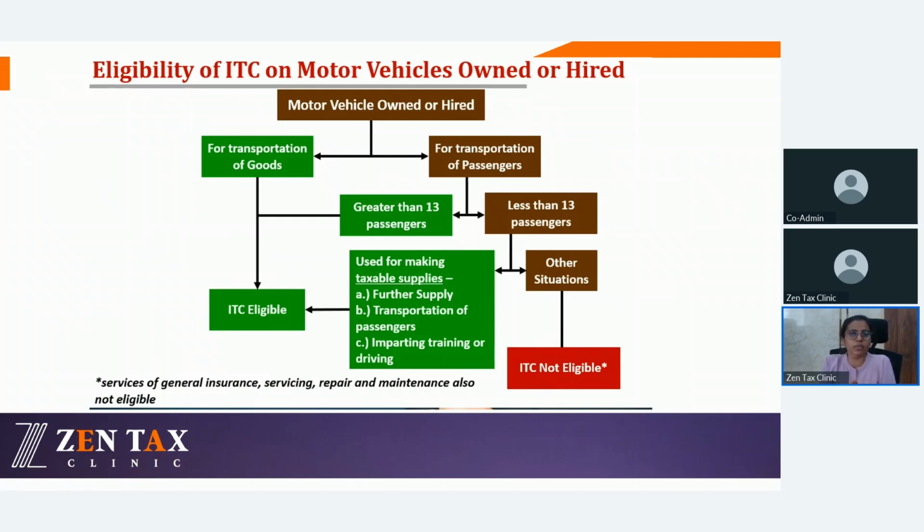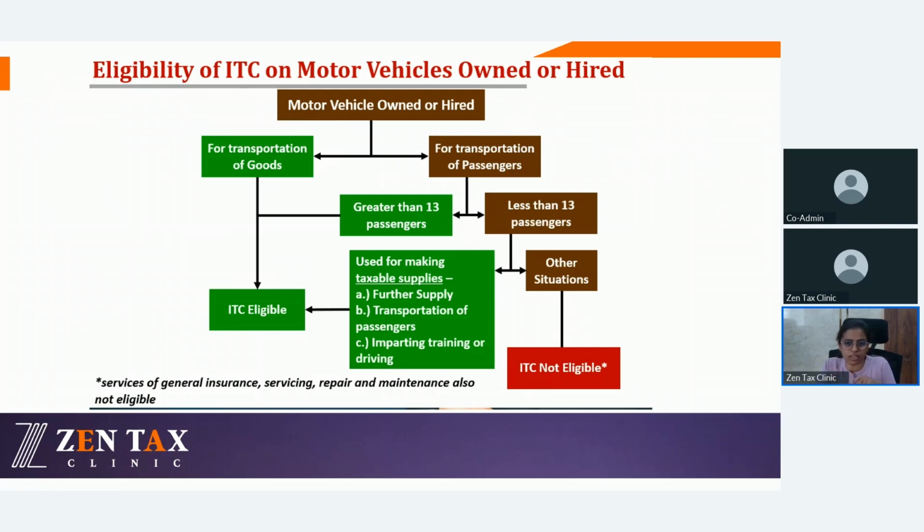Under that, the first, clause A, talks about the ITC on motor vehicles. Motor vehicles, whether owned or hired, we can split into two: those used for the transportation of goods and those used for the transportation of passengers. For a business, if it is used for the transportation of goods, ITC is eligible straight away.